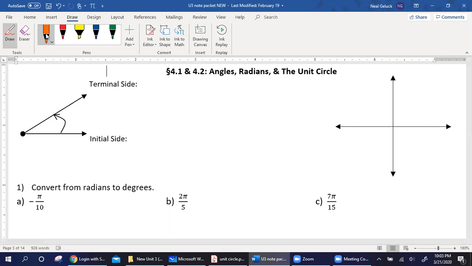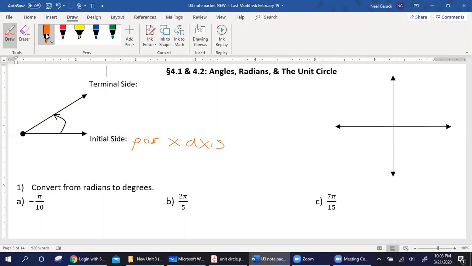But before we get to that, we want to think of angles as having an initial side and a terminal side. The standard position for an angle is to have its initial side on the positive x-axis.